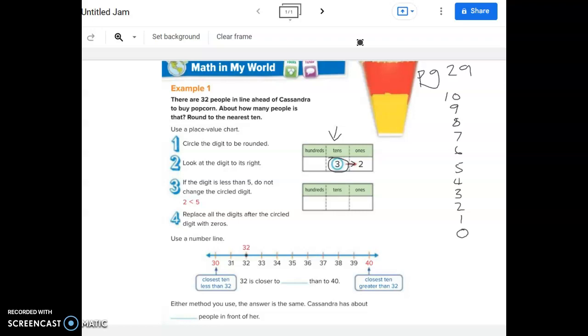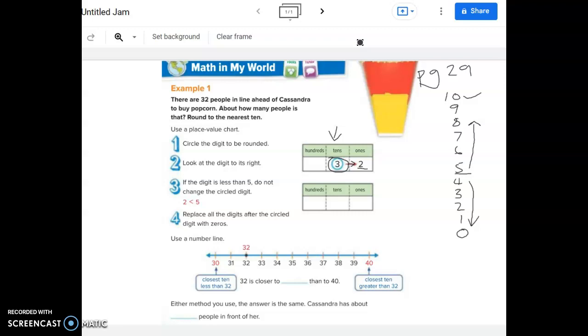Now the rule says that when a digit is 5 and above, we round it up to 10. And if a digit is 4 and below, we lower it down to 0. Now, in this case, the digit 2 is 4 or below.